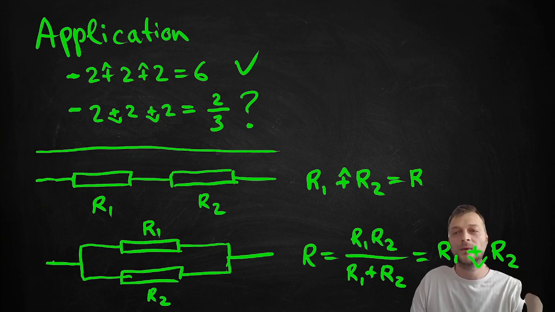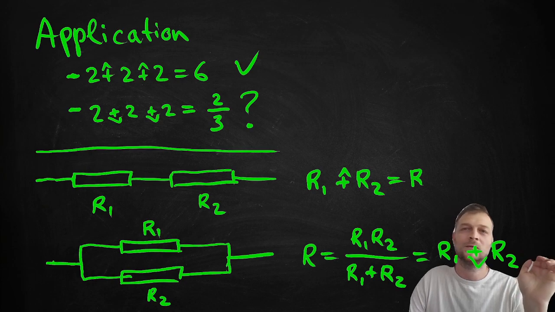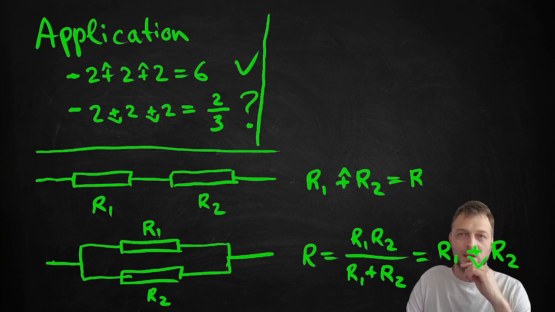So our new plus that we just invented, completely symmetric to our standard plus, reflects the situation of adding resistance in parallel connections. And if you check, there are other elements of electrical circuits that behave the same way. For example, take capacity.